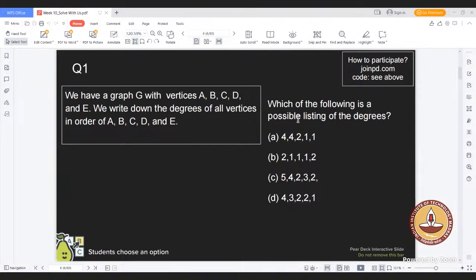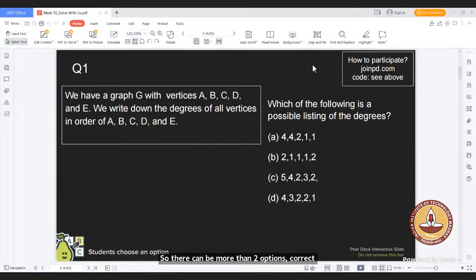So can we discuss the solution, or is anyone still solving the question? Okay. So we'll see all the 4 options now. There can be more than 2 options correct.